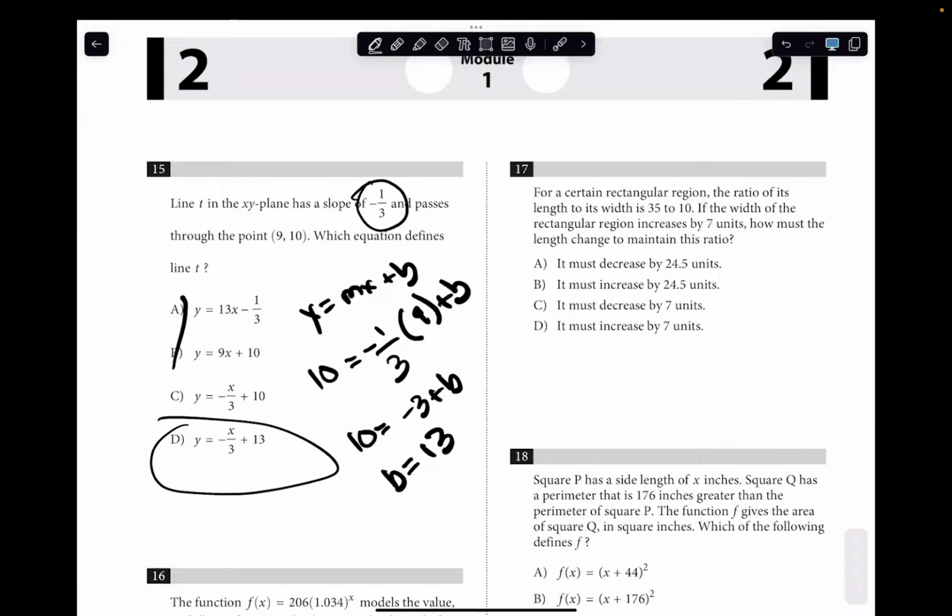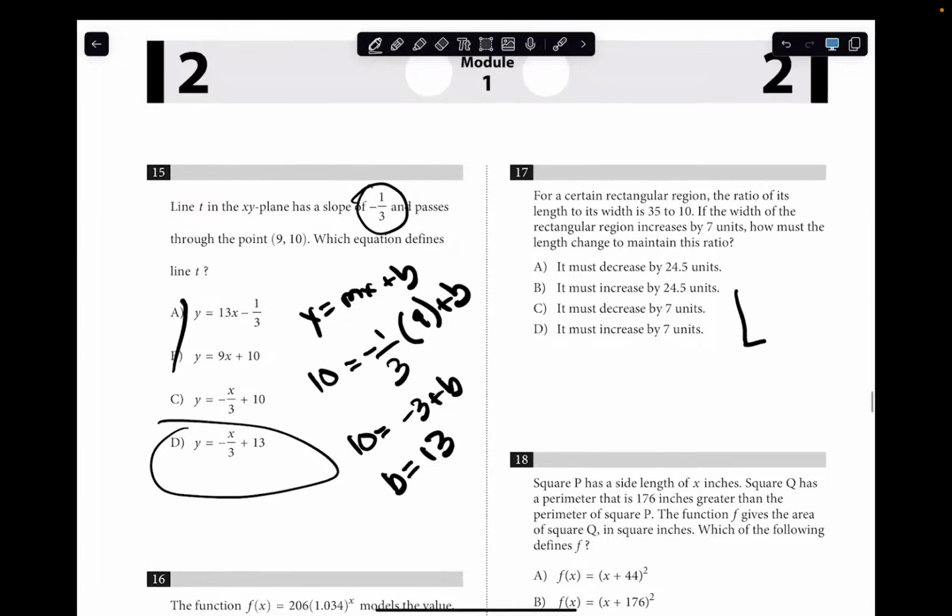17, a certain rectangular region. For a certain rectangular region, the ratio of its length to its width is 35 to 10. Let's just draw that out real quick. If the width of the rectangular region increases by 7 units, so let's just add that on, 42, right? How must the length change to maintain this ratio?